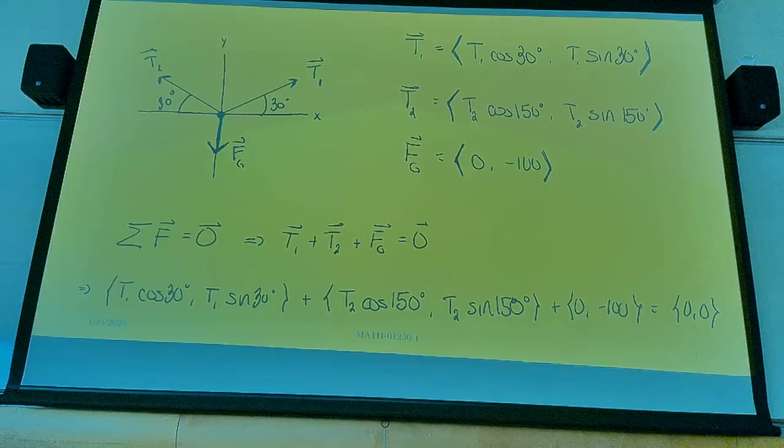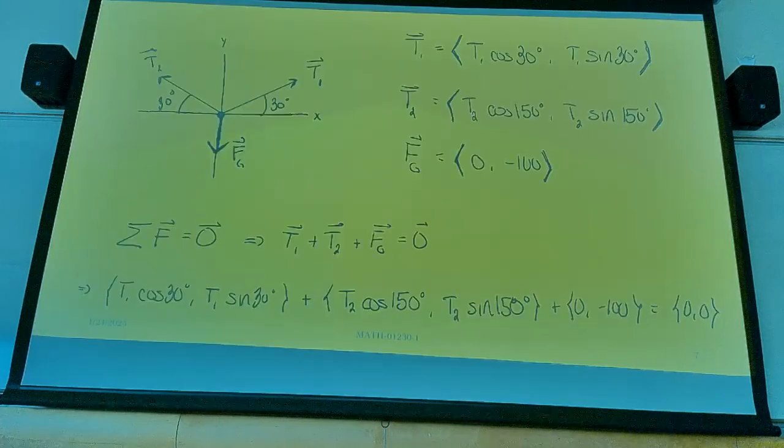On that left-hand side, what is the x component? T2 goes on 150, to the left side. Left-hand side. What happened to the first vector?